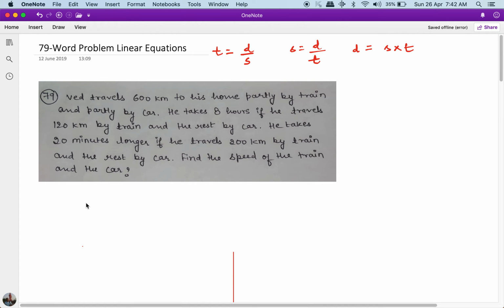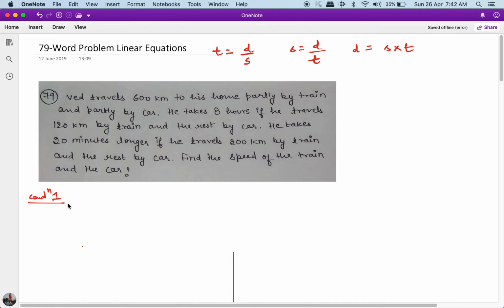So let's see. Ved travels 600 kilometers to his home, partly by train and partly by car. He takes 8 hours if he travels 120 kilometer by train and the rest by car. So let's play with the conditions a little bit here.